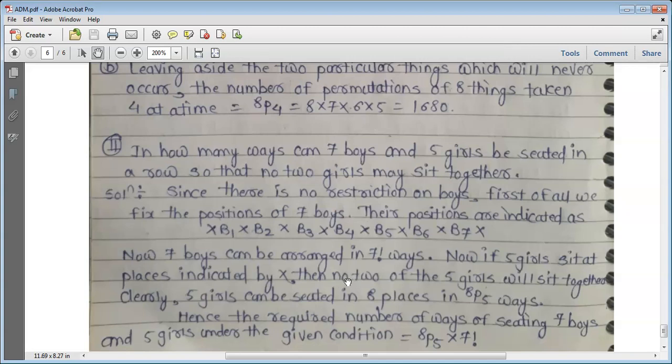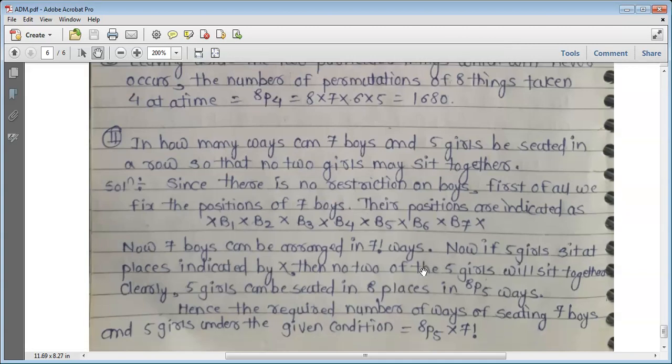Clearly, these 5 girls can be seated in these 8 places: 1, 2, 3, 4, 5, 6, 7, and 8. So 5 girls can be seated in 8 places in 8P5 ways, from the definition of permutation.